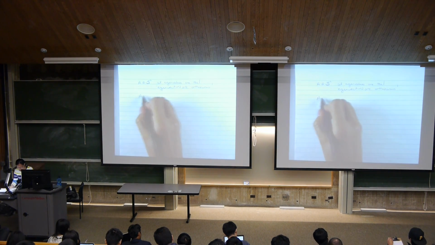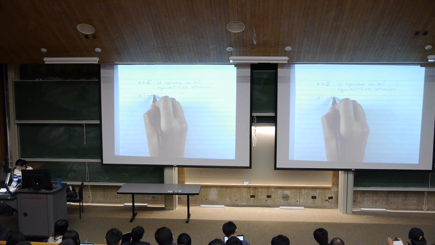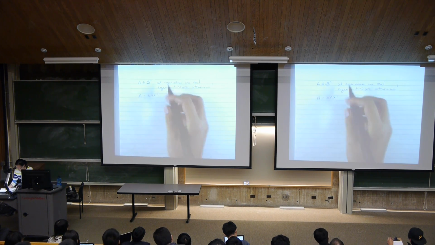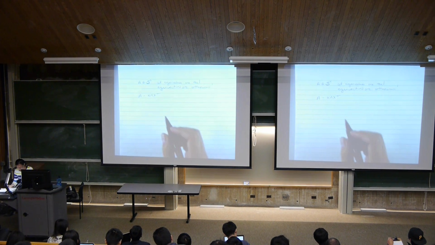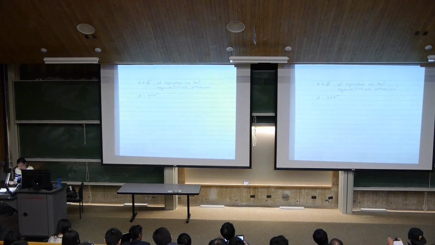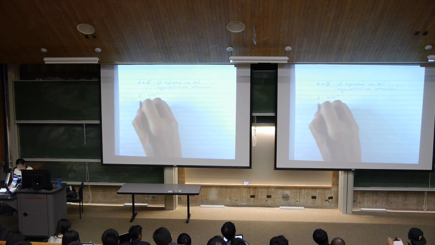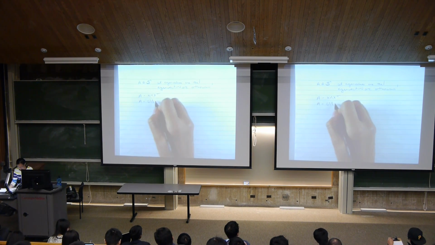So that means you can write it like this. We can write the orthogonal matrix as U, so A equals U Lambda U transpose.